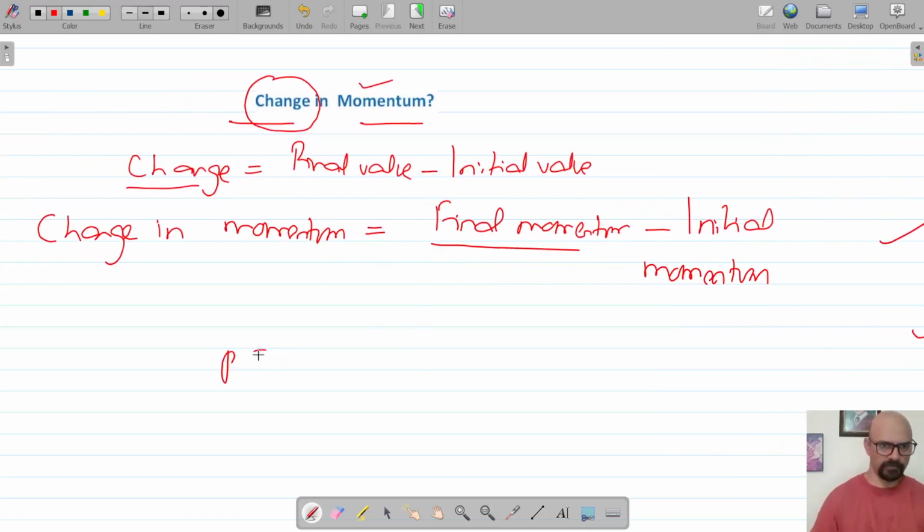We know that momentum is given by P is equal to m into v, and usually we use v for the final velocity. So for final momentum, it's m into v, the final velocity.